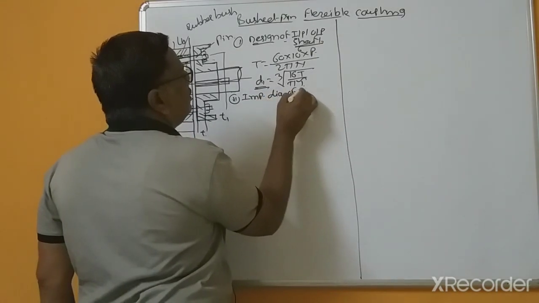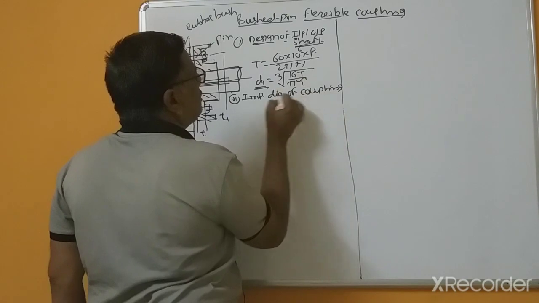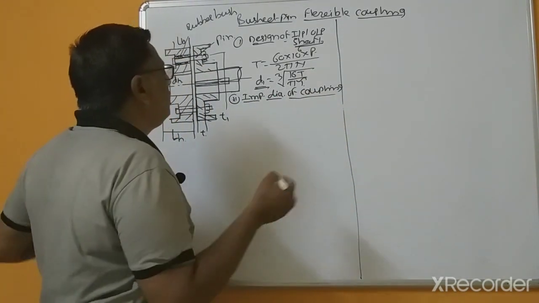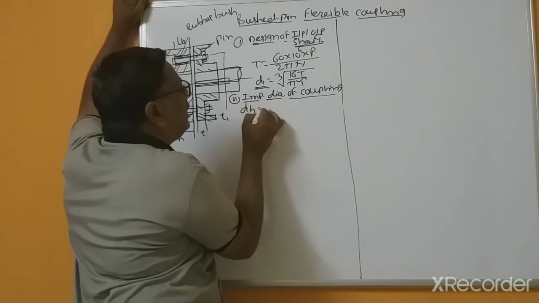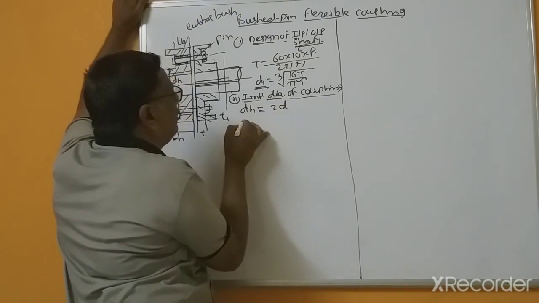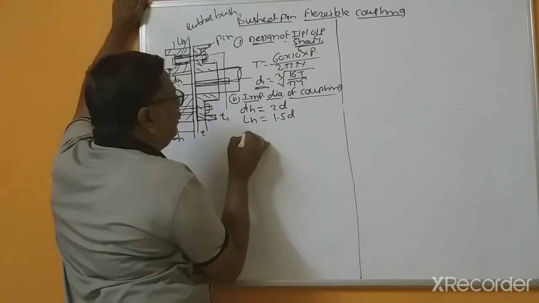Second step, important dimensions of the coupling, by using empirical relations. Here DH, the diameter of the hub, equals 2D. Length of the hub is 1.5D.